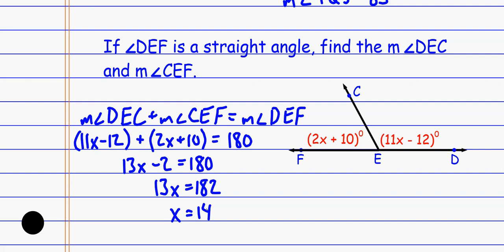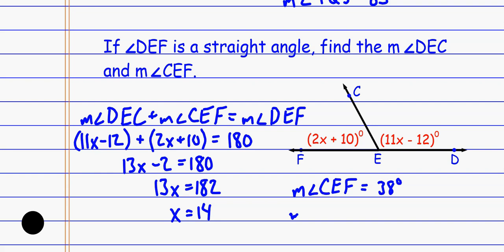But once again, I'm not done. I have to plug it back in. If I plug that 14 into the first angle, the measure of angle CEF, I labeled it as CEF before, so I'll label it as CEF. If you label it as FEC, it doesn't matter. It's the same thing. That gives me a 38-degree angle.